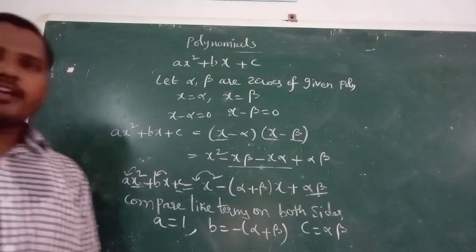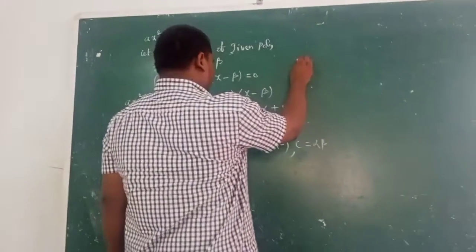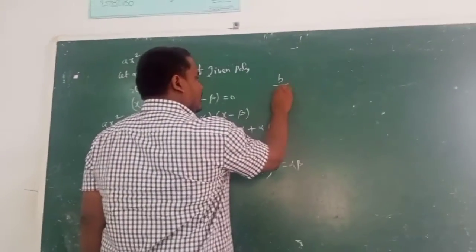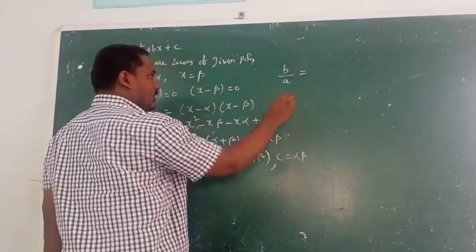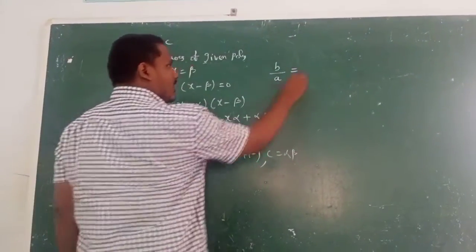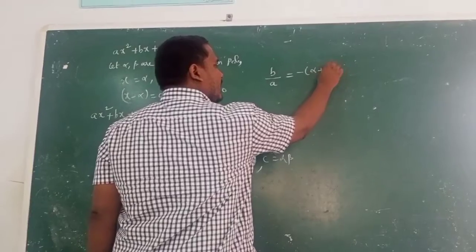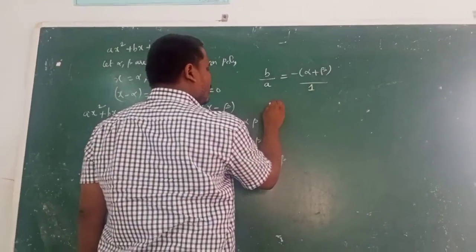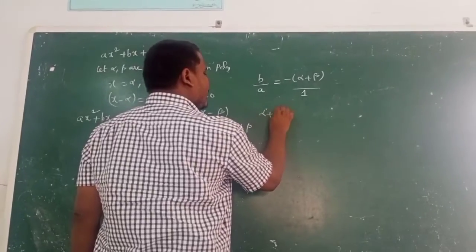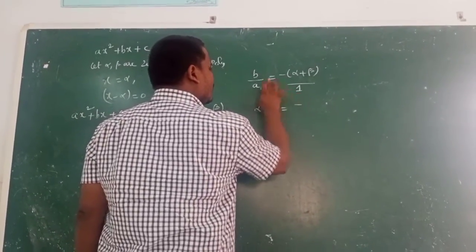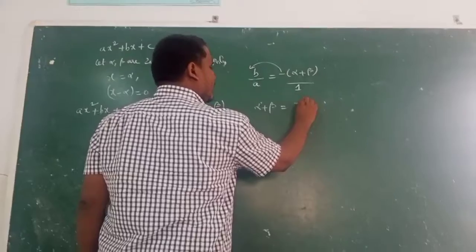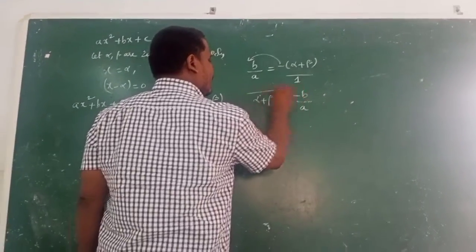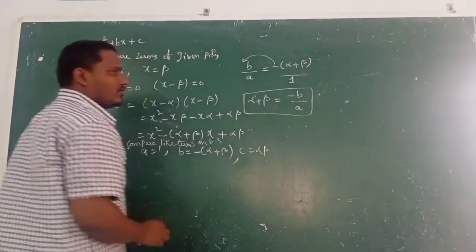Then I am taking b by a. Here the b value is minus of alpha plus beta, and a value is 1. Therefore alpha plus beta is equal to minus b by a.